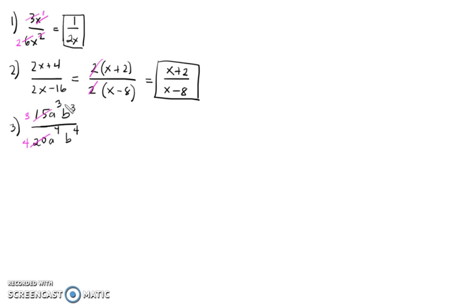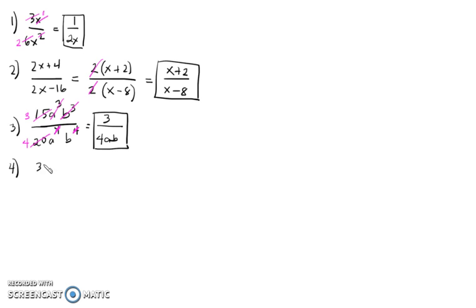And then by laws of exponents, cancel a cubed, you'll remain with a, cancel b cubed, you'll remain with b. So your final answer would be 3 over 4ab.